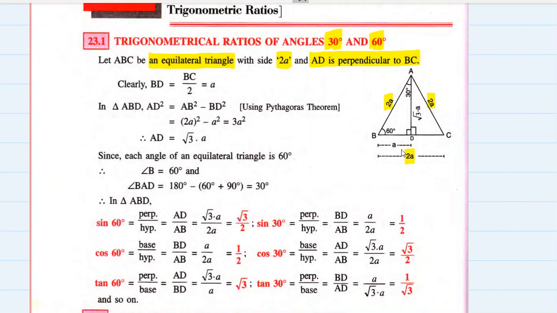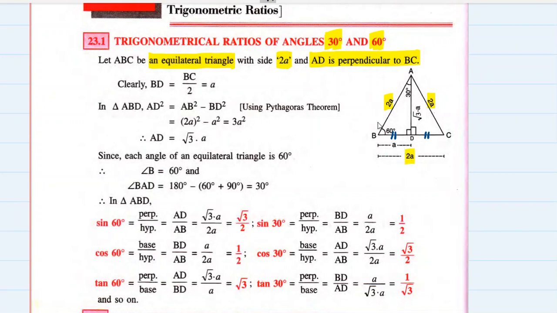Now this perpendicular is also a median. That's a property of equilateral and isosceles triangles, that an altitude is also a median. So AD will divide BC into two equal parts, and hence BD equals DC. As BC is 2a, BD and DC will be equal to a each.